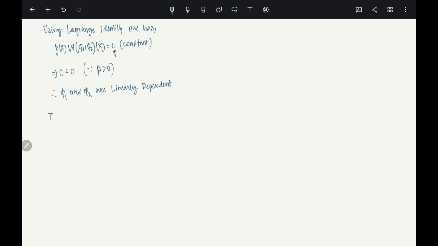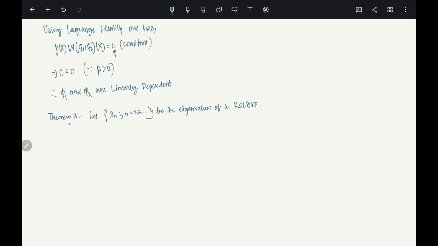So now let's look at the second important theorem, theorem 2. What does it say? Let the set of eigenvalues lambda n, n equals 1, 2, and so on, so n is in the natural numbers, be the eigenvalues of a regular Sturm-Liouville boundary value problem.